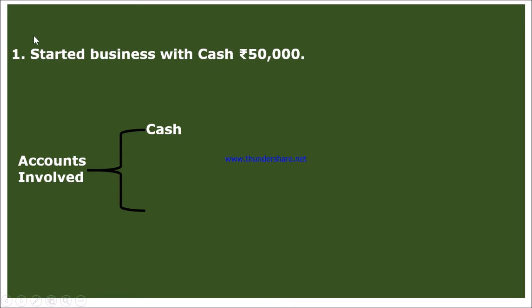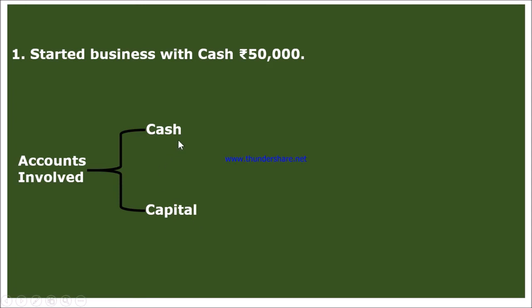Now students, I hope you know what term we use if we start a business with some cash. That particular thing has a term, and what is that term? That is the capital. So these are the two accounts involved in this. One is cash and another one is the capital. Now let us see how to proceed.